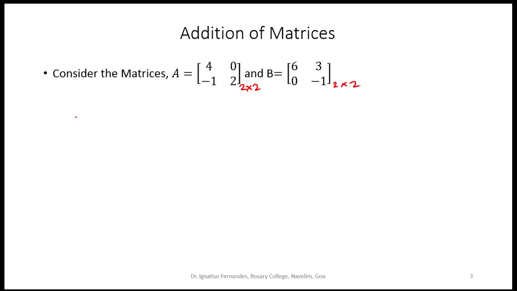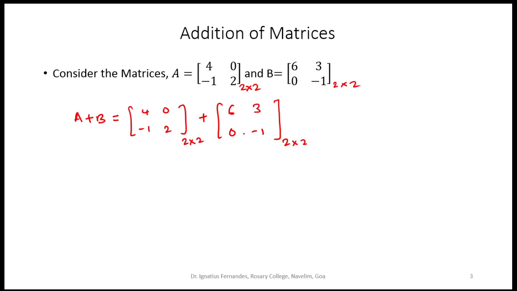So let us say I want to find out A plus B. Okay, so A plus B is 4 0 minus 1 2 plus 6 3 0 minus 1. So the first thing that you will do before adding two matrices is check their dimensions or order. So it is a 2 by 2 matrix, this also has to be a 2 by 2 matrix.